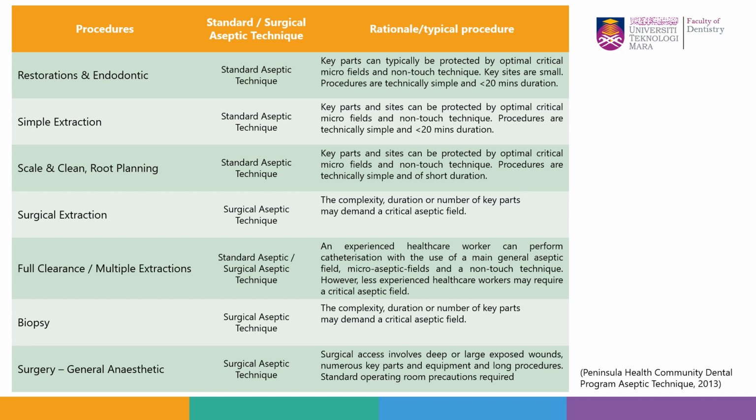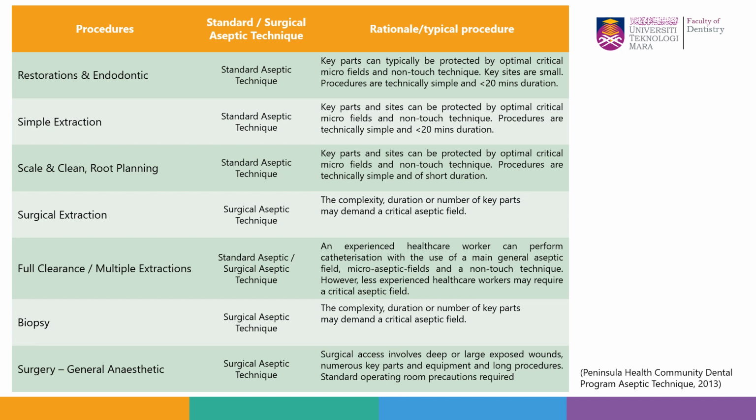All right, this is the examples. The table shows you some examples of the procedures when to use standard or surgical aseptic technique, and then the rationale why it is suggested as such. So restorations and endodontics, simple extraction, scale and clean, root planing are using standard aseptic technique.